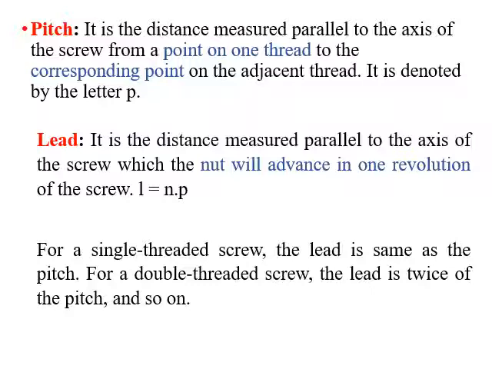For a double threaded screw, N equal to 2, the lead is twice the pitch, and so on. So single threaded has N equal to 1, double threaded N equal to 2, triple threaded N equal to 3, and quadruple N equal to 4.